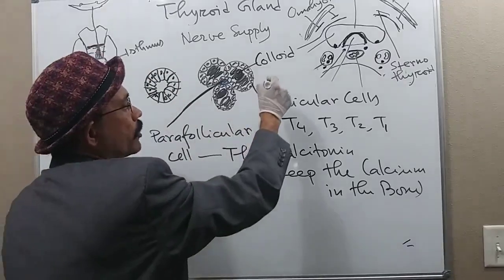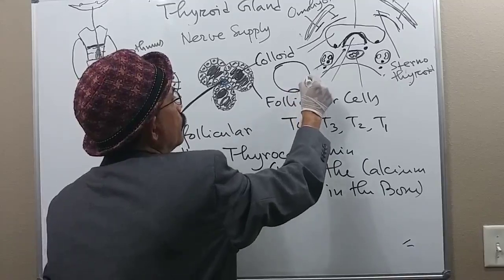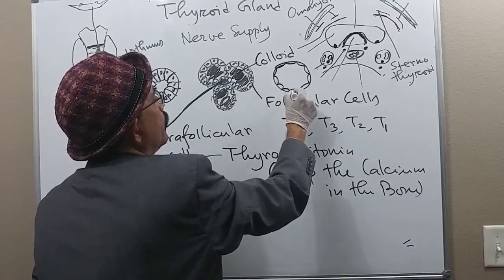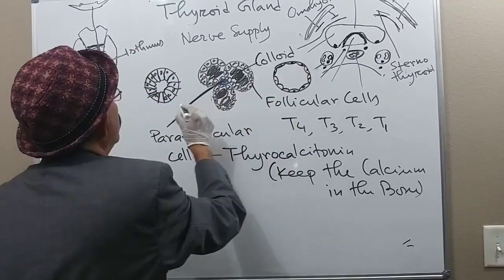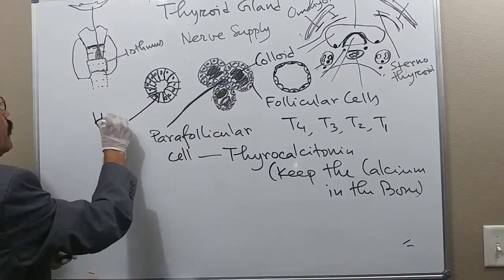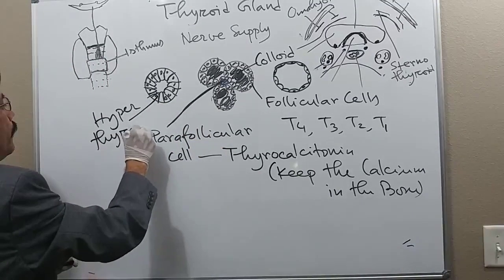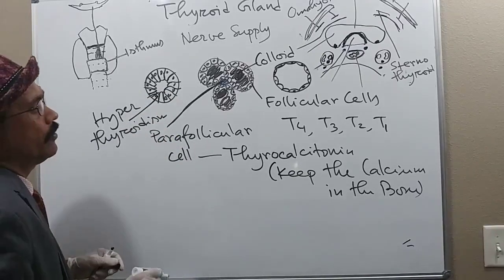In case of hypothyroidism, cells are more or less squamous or low cuboidal. This is hypothyroidism. This is hyperthyroidism. The cells are columnar cells, follicular cells.